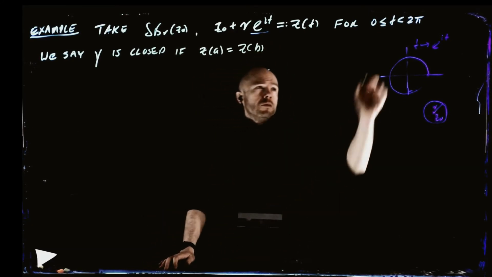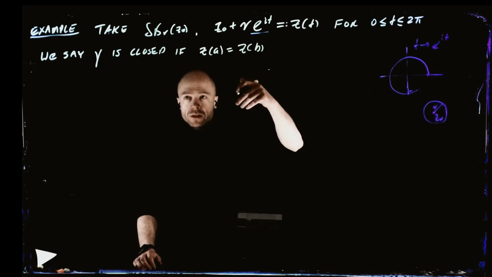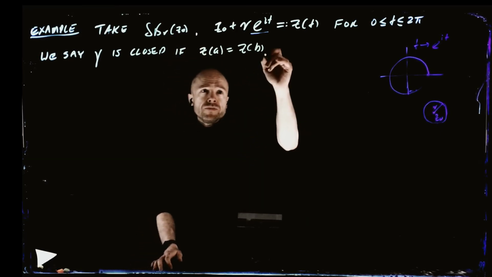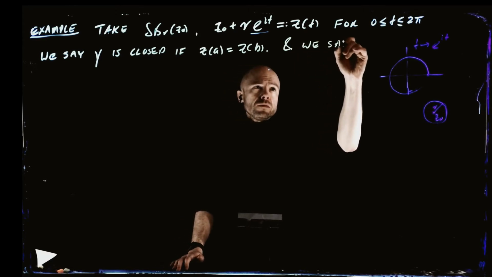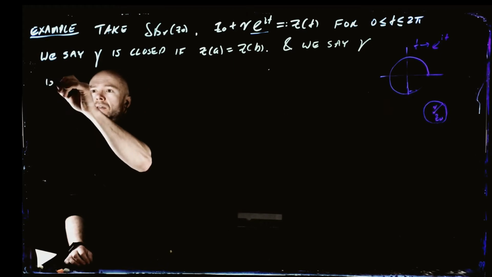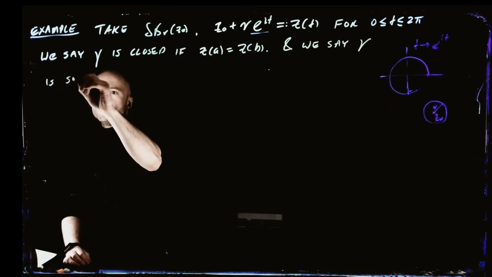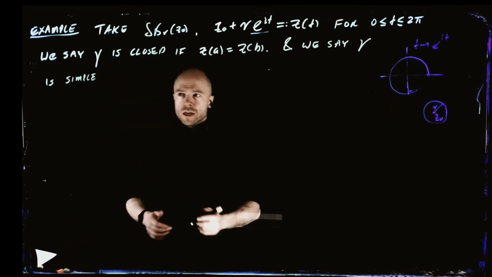In other words, we end where we start. Yeah, that's a closed curve. So this is a closed curve. And we say gamma is simple if it has no self-intersections.